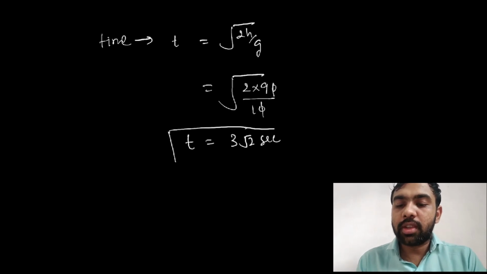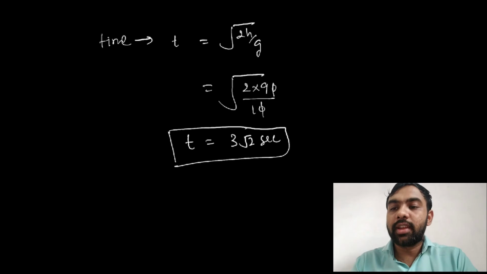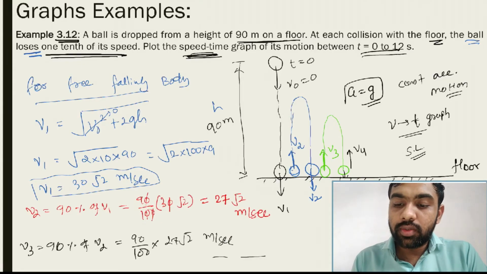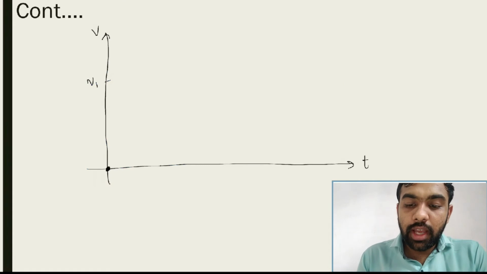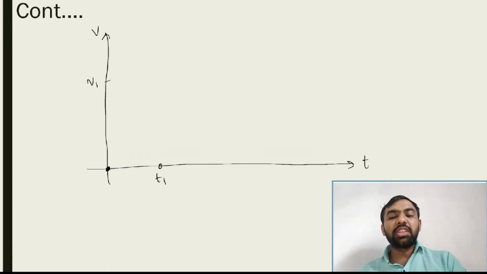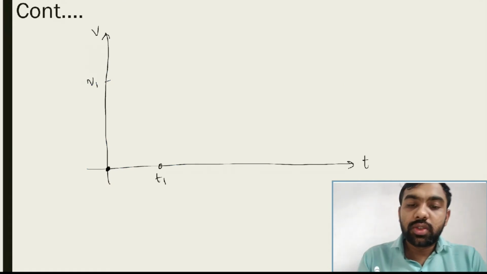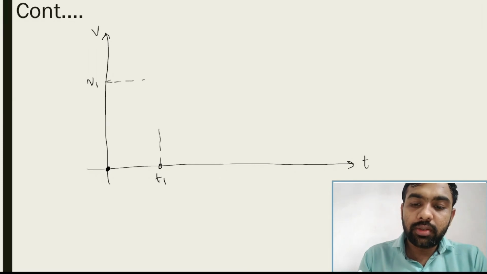So this time is 3 root 2 second. So here, at some time t1, when the speed is v1, that is our point. So the graph is this one.